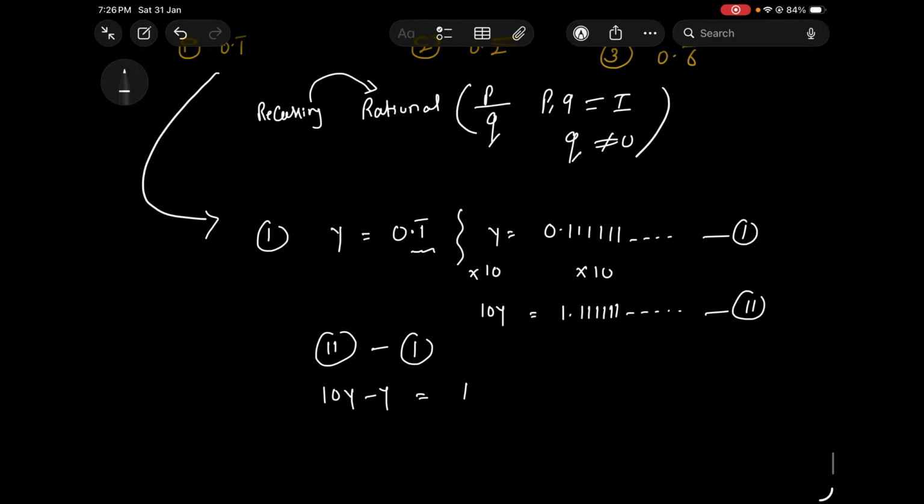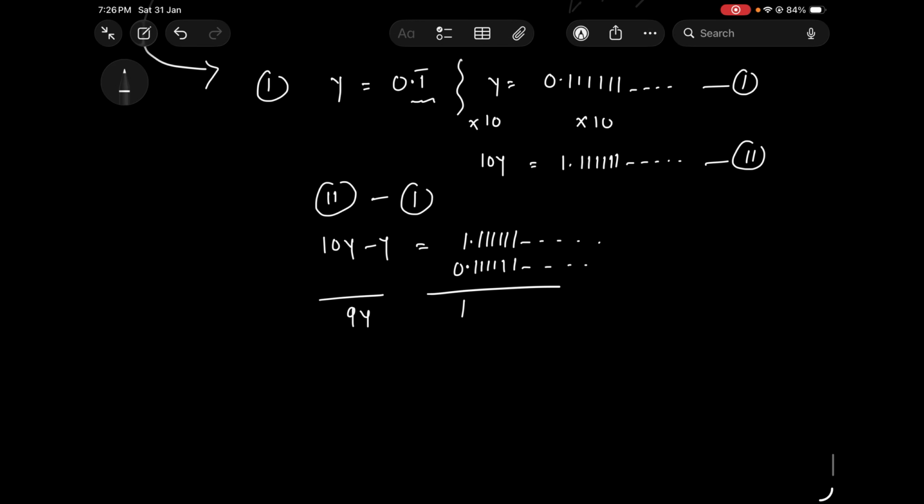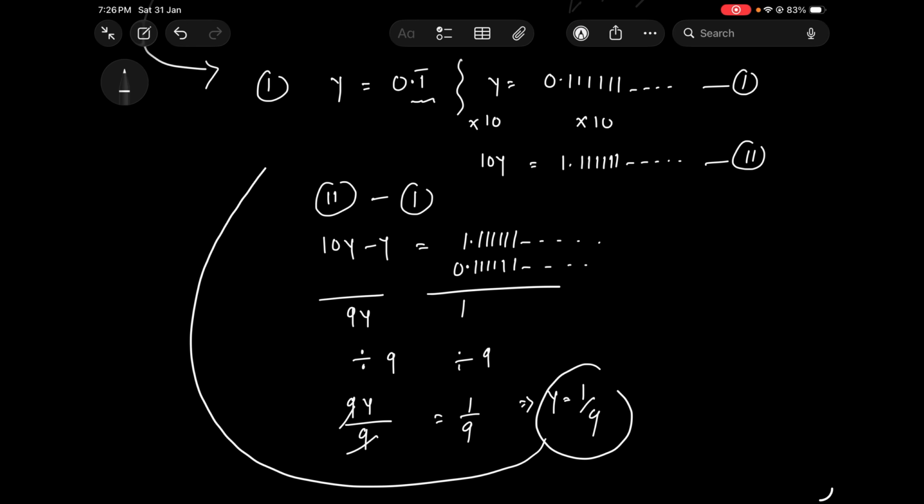So 10y minus y is equal to 1.11111 dot minus 0.11111 dot. So here I have 1, here we have 9y. Now we divide both sides by 9. So 9y upon 9 is equal to 1 upon 9. So y is equal to 1 upon 9. And what is y? y is equal to 0.1 recurring. So 0.1 recurring is equal to 1 upon 9.